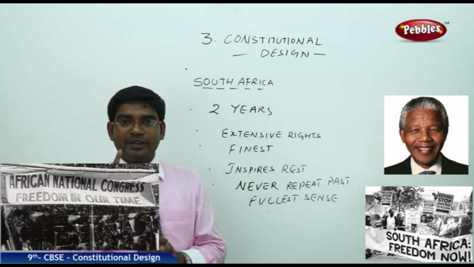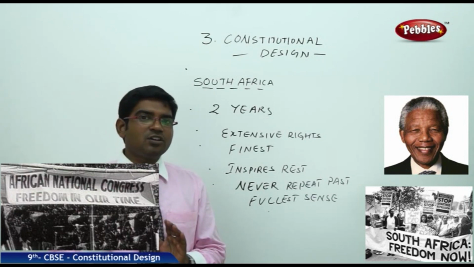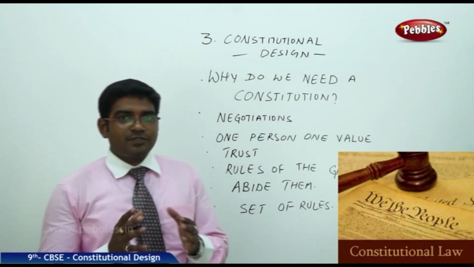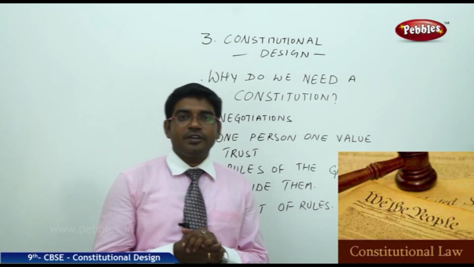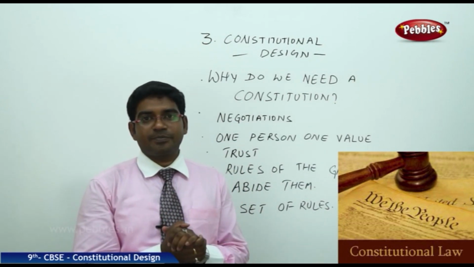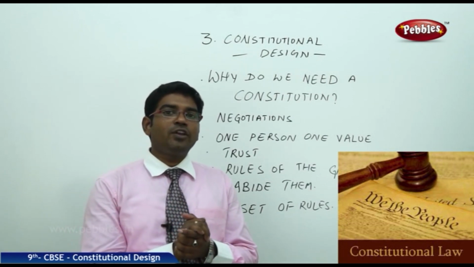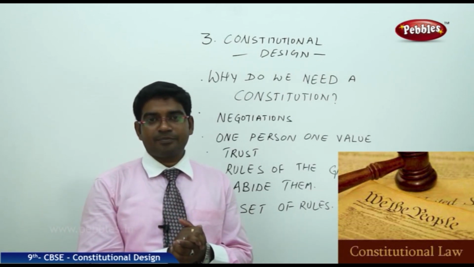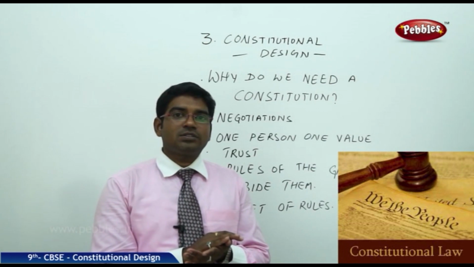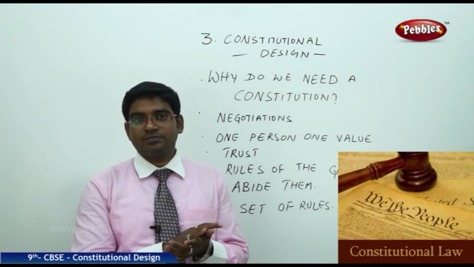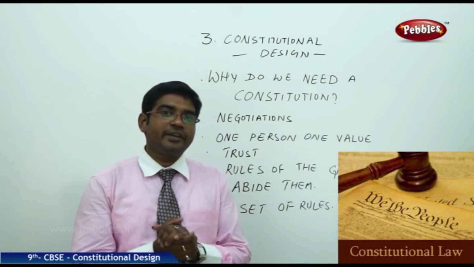Now, a fundamental doubt. Why do we need a constitution? The white minority and the black majority both wanted their own ideologies to prevail. The blacks wanted equal respect and wanted to preserve their dignity.